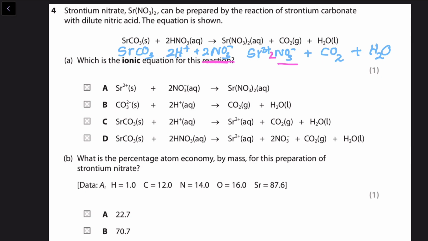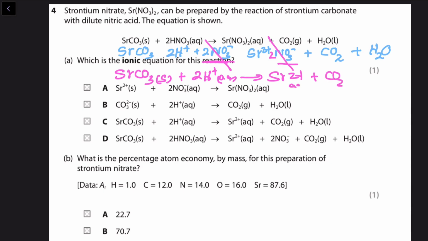Now you can remove the spectator ions and rewrite the equation. You can remove these two nitrate ions from both sides. The net equation is strontium carbonate solid plus 2H+ aqueous forms strontium 2+ aqueous, CO2 gas and H2O liquid.